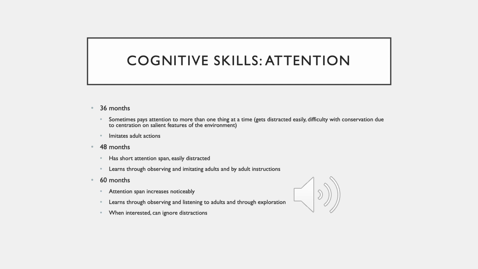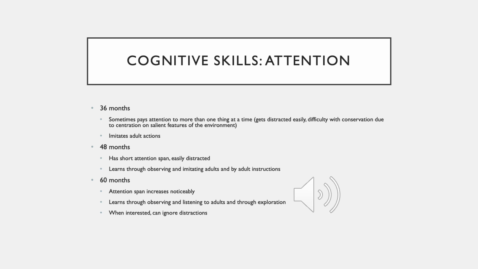So maybe an adult is talking to a 3-year-old, and then a peer next to them is having a conversation, and then there's an airplane outside the window. They might have a difficult time focusing on the conversation with the adult due to all the additional stimuli that could be overwhelming and put into their focus at one time.